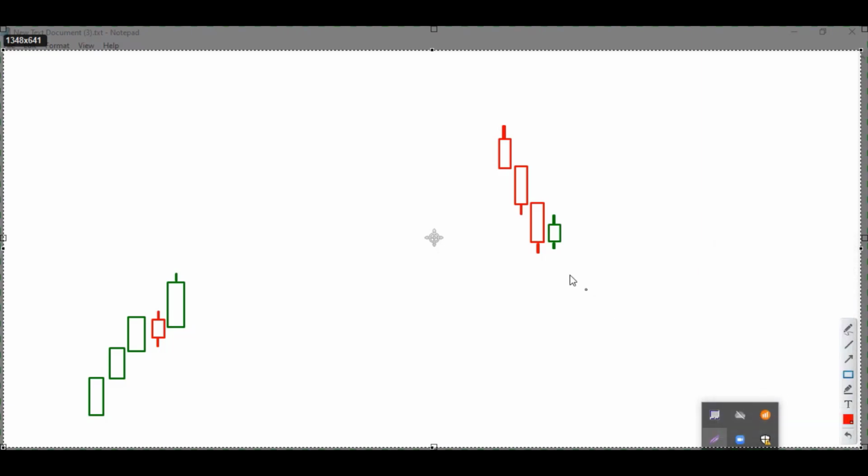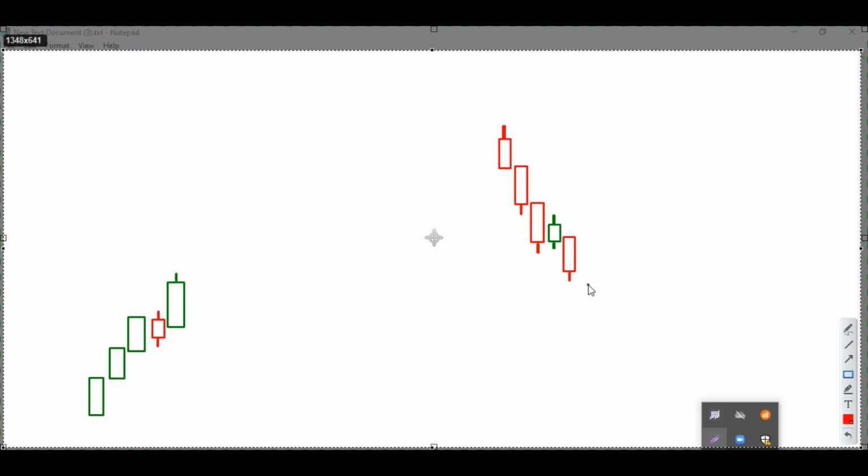This is a highly profitable setup of binary option. Like this one, the next candle obviously goes down.